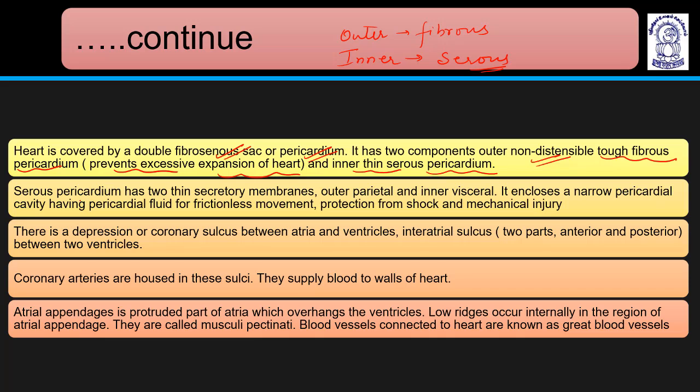The serous pericardium has two thin secretory membranes. It is further divided into the outer parietal and the inner visceral pericardium.